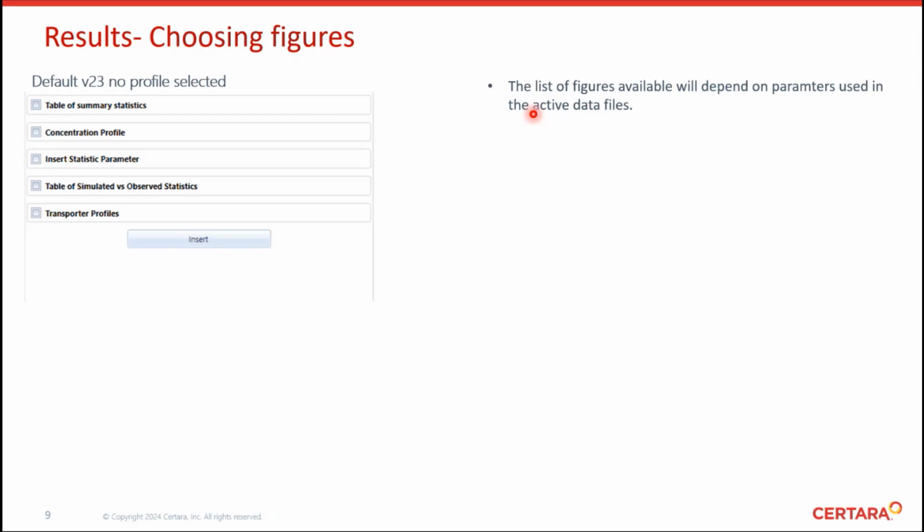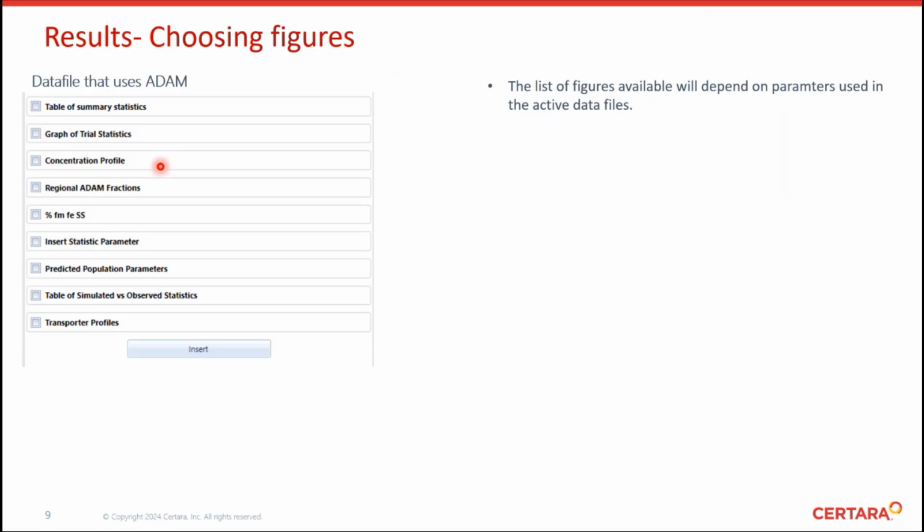This is just the list of figures that we have by default. Say you upload your data file and it's using ADAM, you've now got regional ADAM fractions that you can output. And because you've also selected a profile, you've got your percentage metabolized and eliminated.